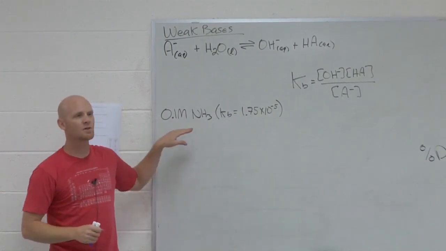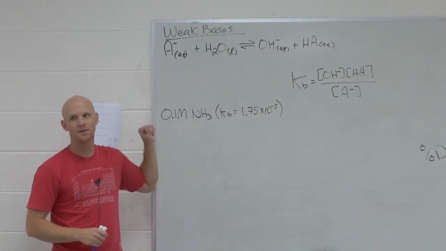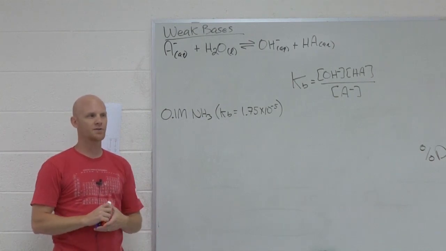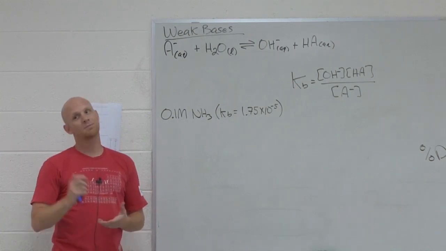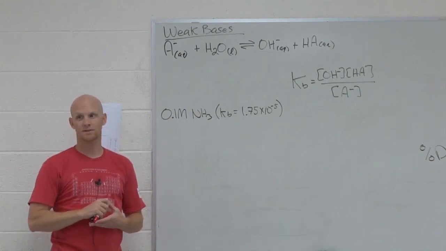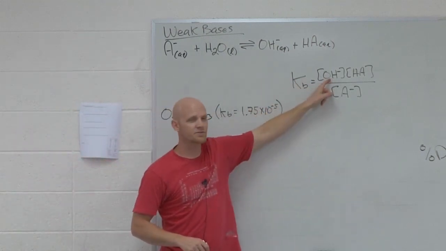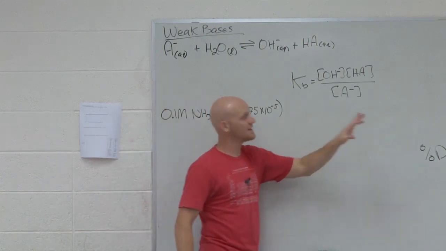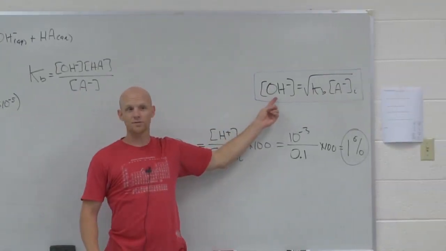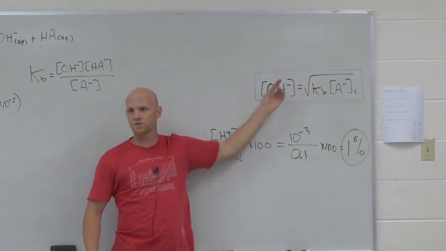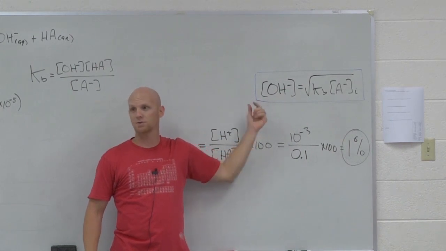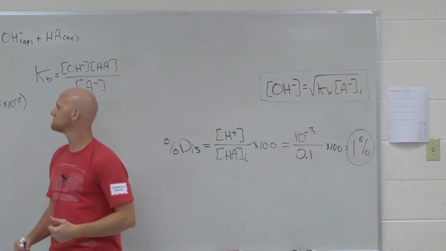What are we actually going to be solving for with a weak base initially in order to calculate the pH? Just the hydroxide concentration. That's why the shortcut is set up to solve for the hydroxide. This is what you want to use if you're on your way to solving for the pH, or the pOH for that matter, but it's usually pH.